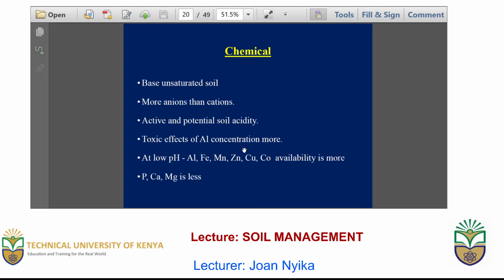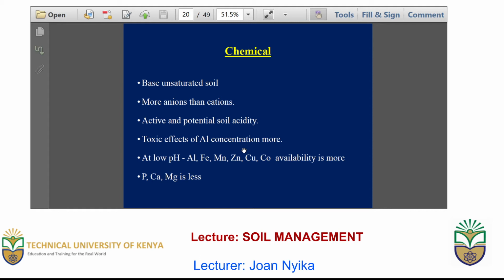Some of the chemical features of acidic soils is that the bases are unsaturated. That is, they have got bases, yes, but they are not available in the cationic or anionic form for the soil or for the crop. They have got more anions compared to the cations.